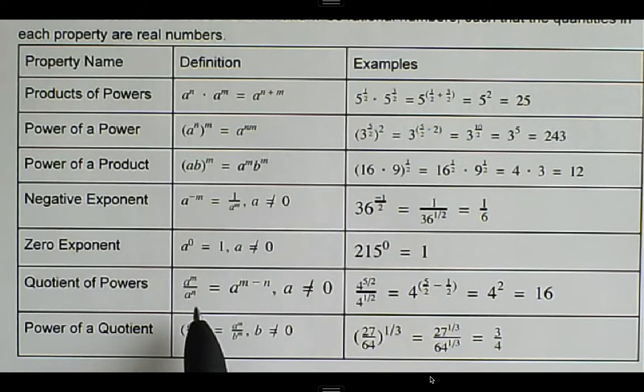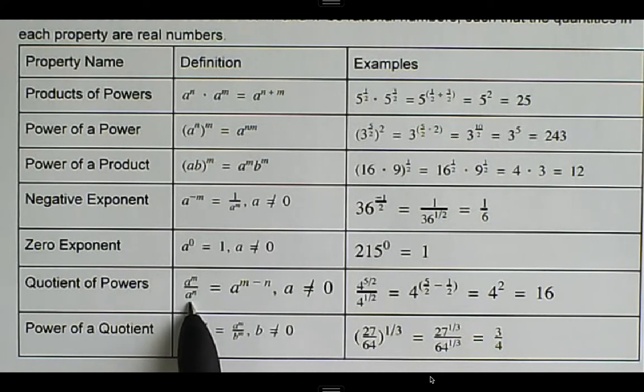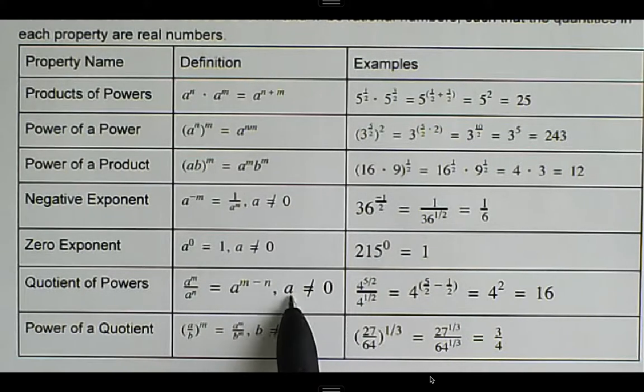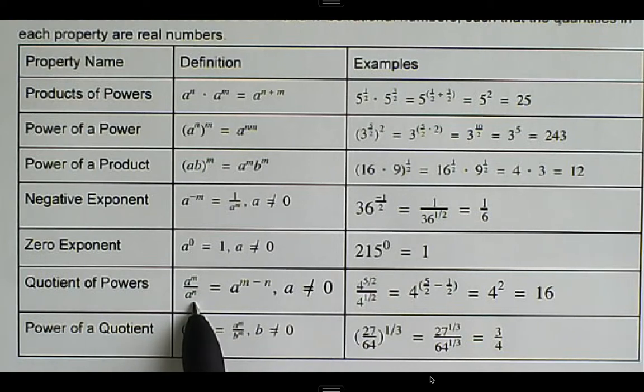The quotient of powers, A raised to the M power divided by A raised to the N power, is equal to, so basically if we have the same base with different exponents, we can rewrite it as whatever the base was, and then we take the two exponents and subtract them. A cannot be 0, again, because we can't divide by 0.